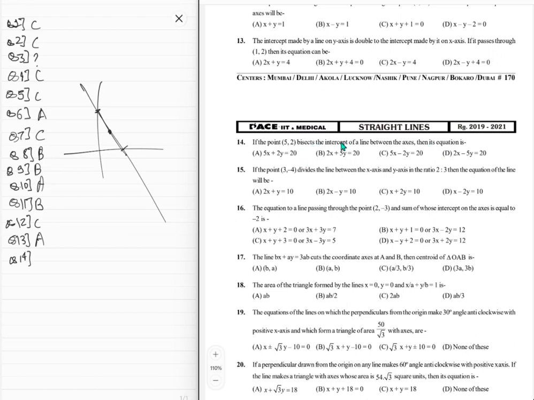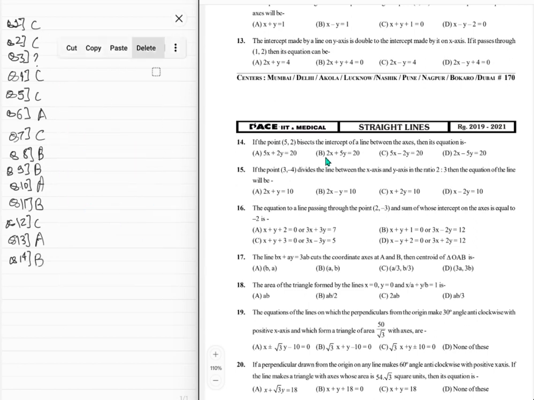So this thing is 2, so this complete thing is going to be 4 because it's the midpoint, and this thing is going to be 10. So x upon 10 plus y upon 4 equal to 1. In other words, 4x plus 10y equal to 40, or you can say 2x plus 5y equal to 20, right? So that is option B.